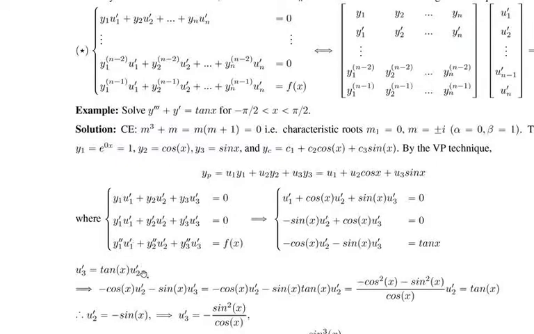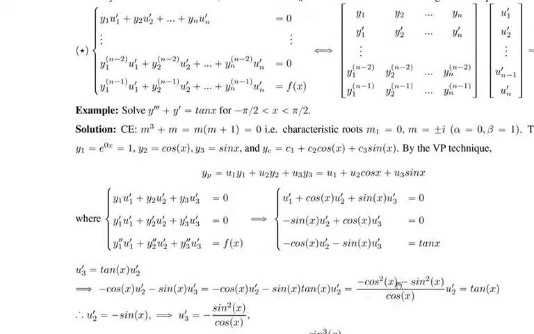Then I'm going to take u3 prime and plug it into the third equation. So instead of u3 prime in here, I'm going to replace it by tan x u2 prime, and then take a common denominator, and I'm going to get minus cosine squared x minus sine squared x over cosine x.